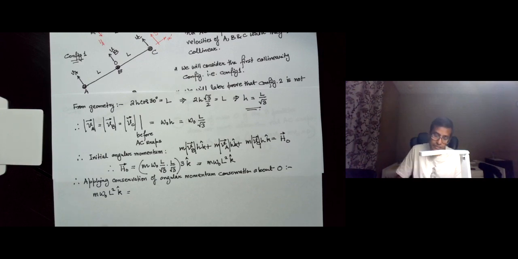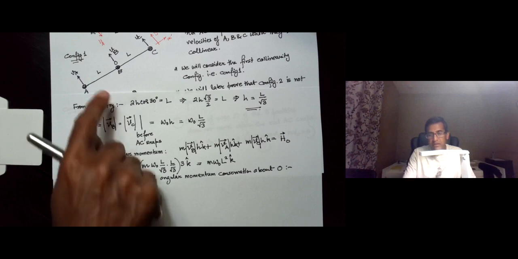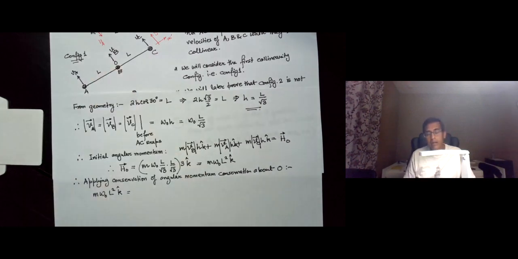Alright, so now when we write the angular momentum conservation equation, we can express the angular momentum in two ways. One is about a fixed point and the other is about a center of mass. In this case, the center of mass is located at B, and so we can express the angular momentum of this assembly about the center of mass.